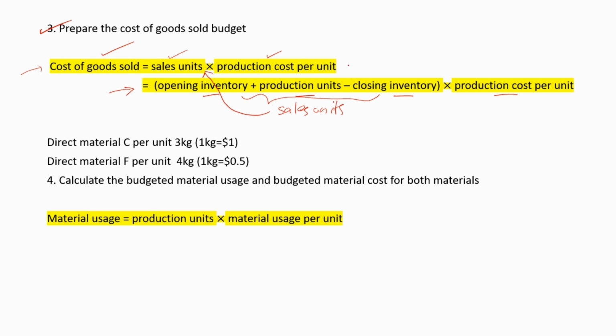Now let's calculate the cost of goods sold using the first equation, which is equal to sales units, which is 2500 multiplied by the production cost per unit, which is $9. This is equal to $22,500. Now let's use the second equation, which is equal to opening inventory, which is 450, plus production units.